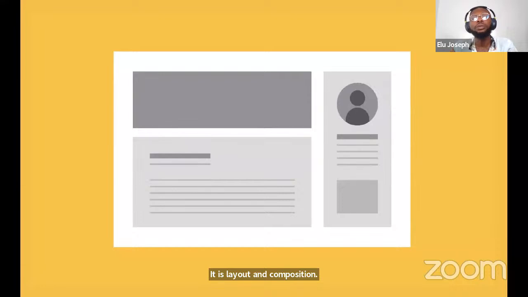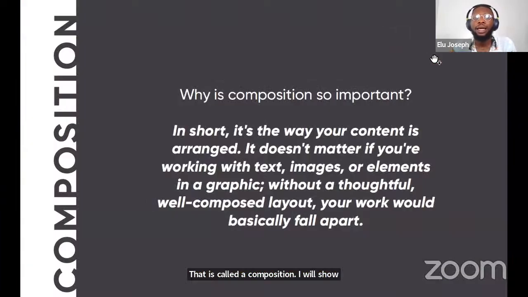So the layout could be text on one side, image on the other side. But the composition is what shows how that image and the text are properly arranged. That is called a composition. I will show you more examples as we go on. Now, why is composition so important?